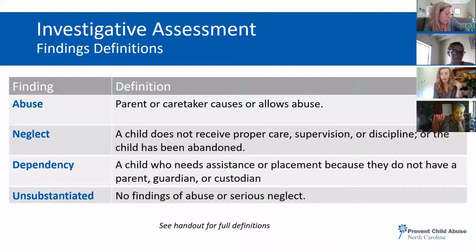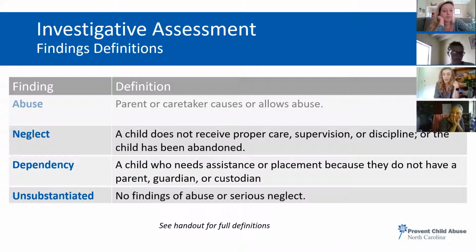So I will say that I've taken great liberties with these definitions because they are very long, paragraph-long definitions that explain what abuse and neglect is. But just so we all have this basic understanding together before we look at the data, abuse is essentially the parent or caretaker allows or causes abuse, and that can be sexual, physical, or emotional abuse.